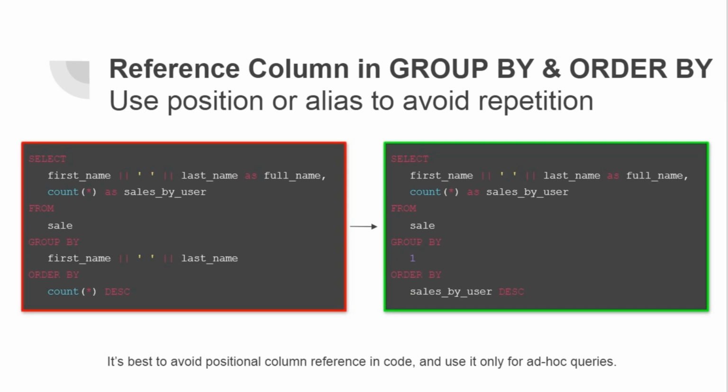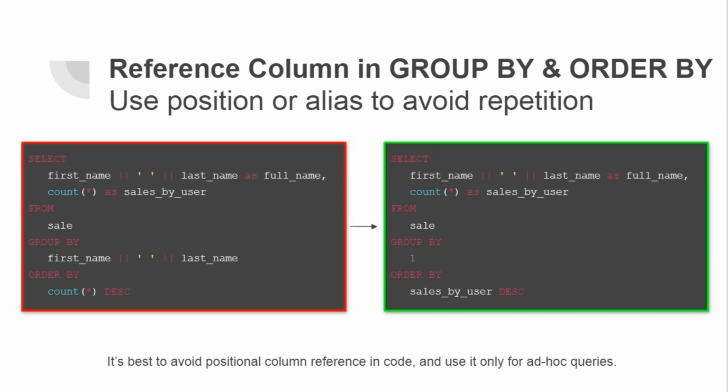For example, in the left side, the red query, you can see that we generate two expressions, actually. We first concatenate the first name and the last name to produce a full name. This is an expression. And then we have a count expression. Now, if we want to group by the full name and count the sales by user, we essentially repeat the same expression twice.